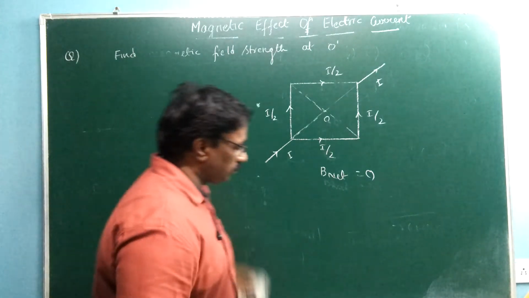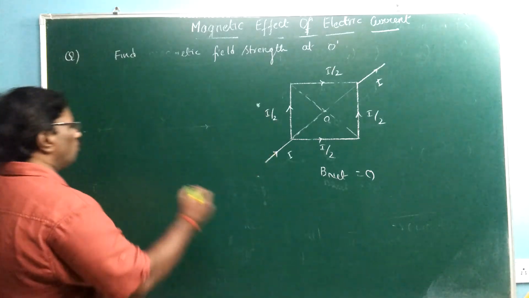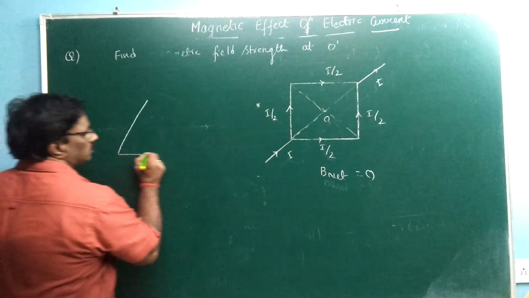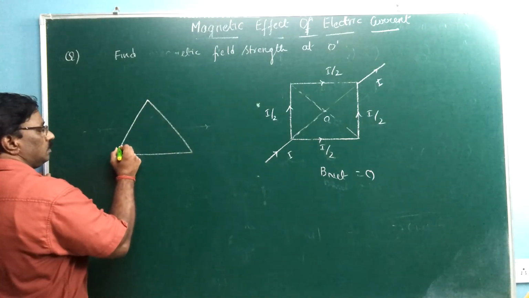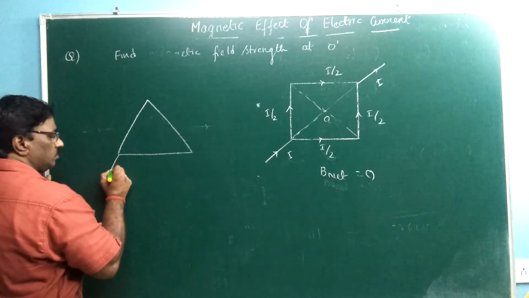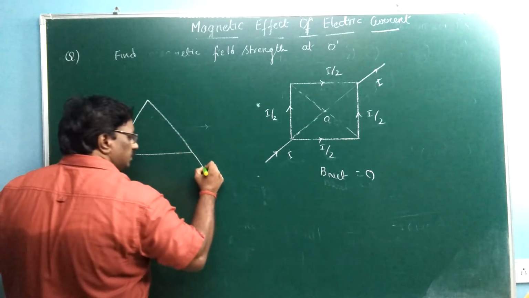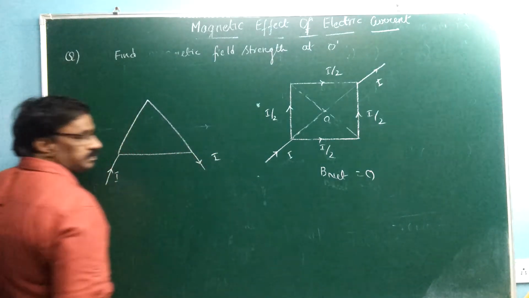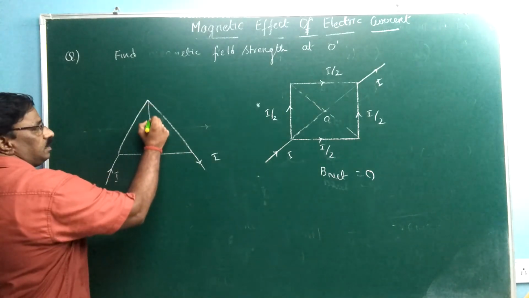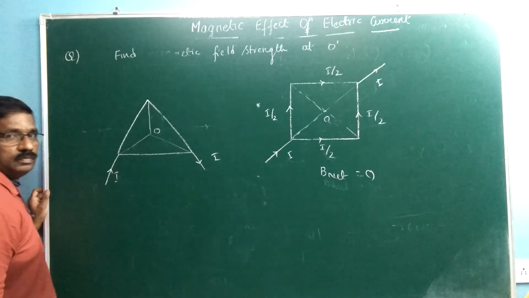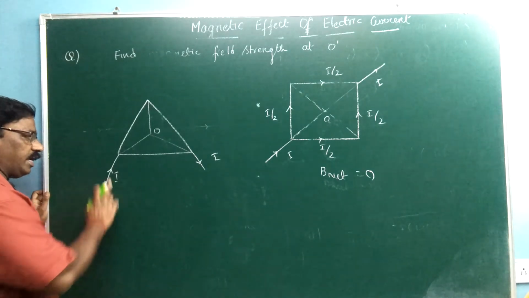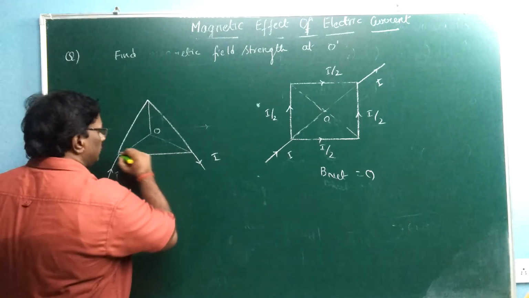Let us see, for a triangle, for a cube. So like this. The current is going like this and leaving like this. And we want to calculate the magnetic field strength at the centroid O. If you observe carefully here, the current will have two paths. This is one path and this is another path.